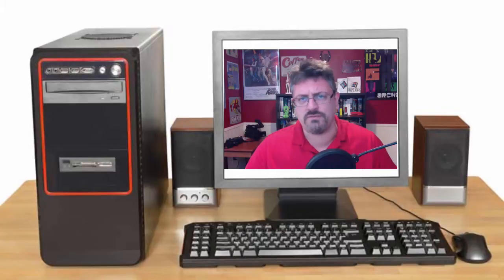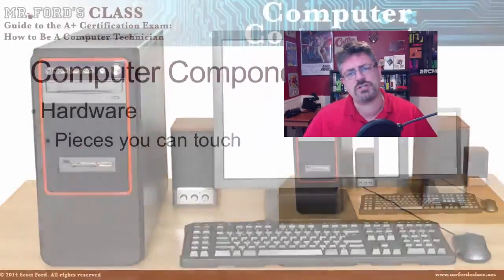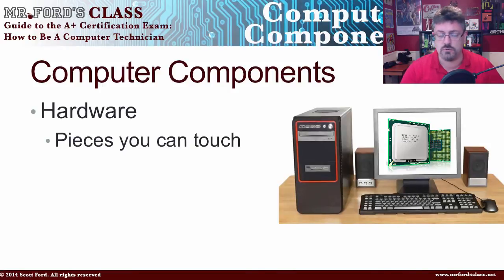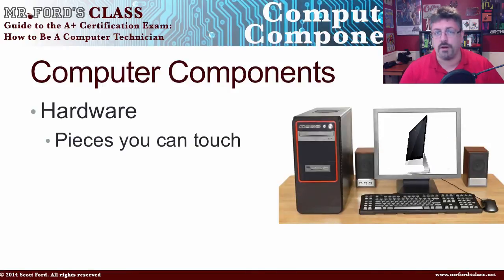So let's start talking about just what do we find typically in a computer. Well, we have two general categories of components. We have the hardware, and this is the physical things in and on the computer. This is the stuff that you can touch. So, for example, a motherboard, a CPU, a keyboard, a monitor, a hard drive. These are all hardware.